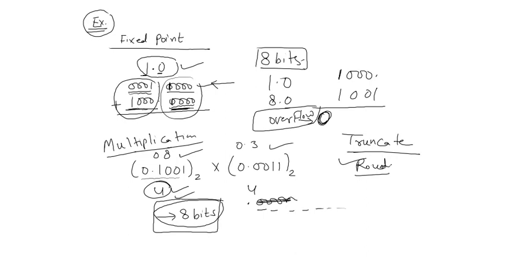So here also we have overflow. That's why this is a very difficult problem in the case of a fixed point processor. So either you increase the number of bits, or you have to truncate or round off the result.